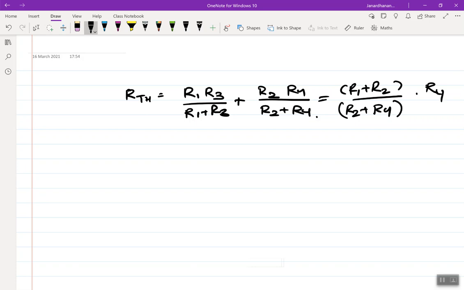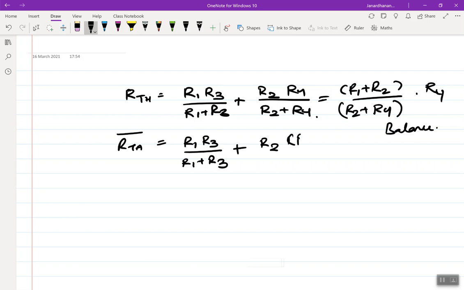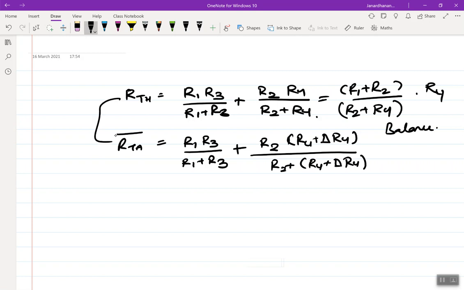Okay, this is at balance. Now if R4 is changed to R4 plus delta R4, so RTH new one will have this one being constant, the same one, plus R2 into R4 plus delta R4 by R2 plus R4 plus delta R4.